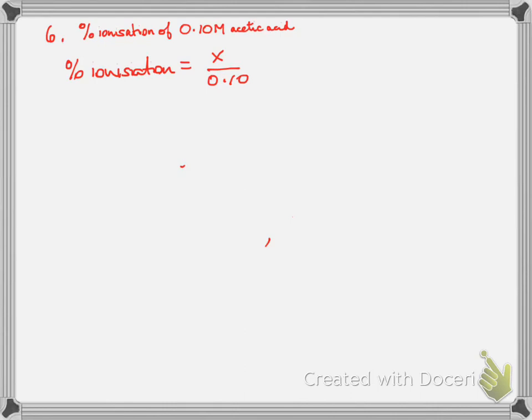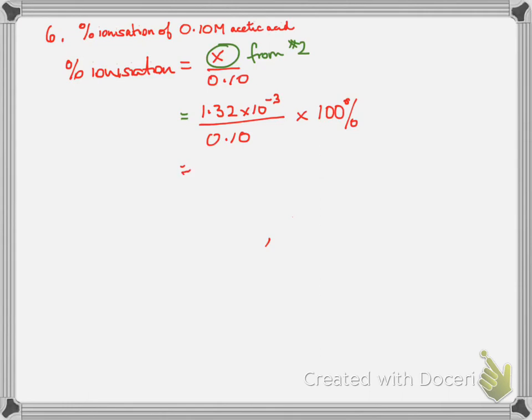Now, X from question 2, and there was a hint on your question sheet, was 1.32 times 10 to the negative 3 molar. So that divided by 0.10, our original concentration, and then to make it a percentage, times 100%, which gives us the answer of 1.32%. And there is our final answer.